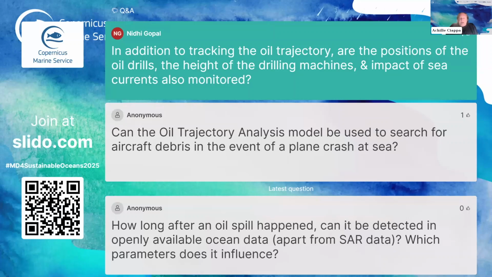Obviously the impact of the sea currents is the crucial point of this analysis. The climatology of the oil transport is built based on winds and sea currents. So for the last point of the question, the answer is yes.